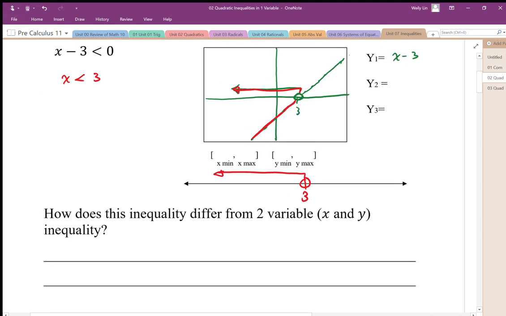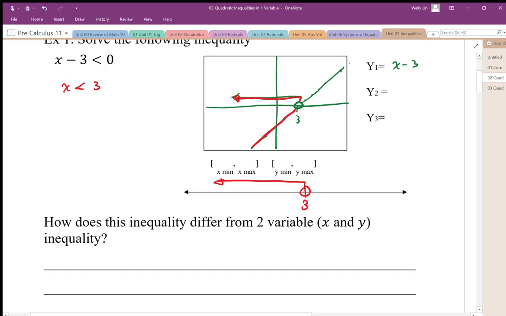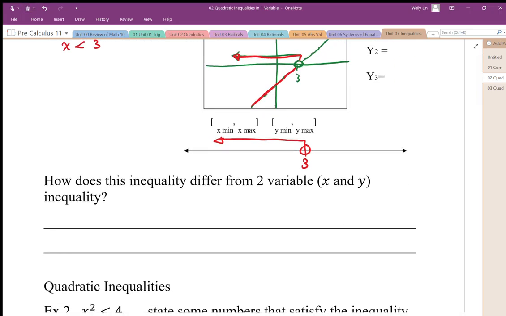So how does this inequality differ from a two-variable xy inequality? Well, although I graph this line in 2 dimensions, and I'm using a two-dimensional line to help me solve this, it differs from an xy inequality in that the solution is one-dimensional.